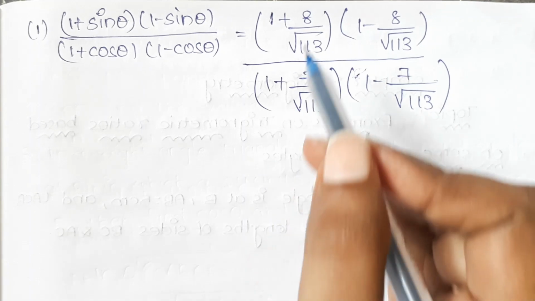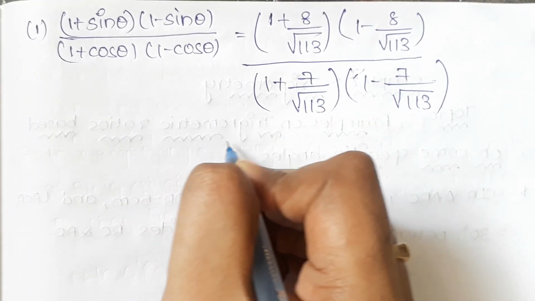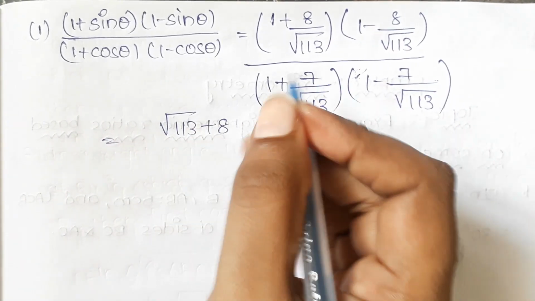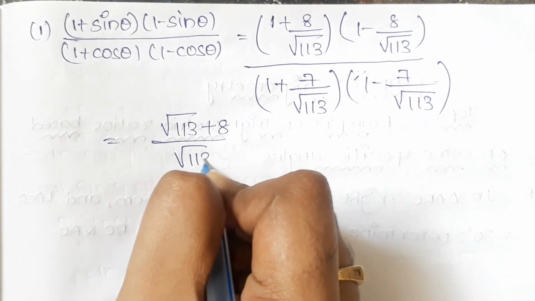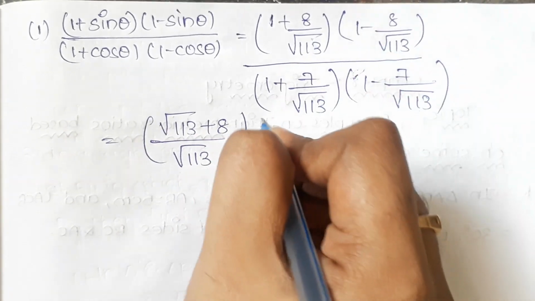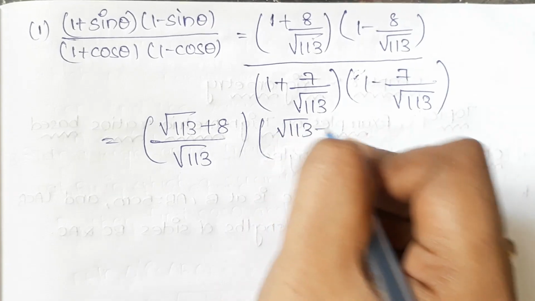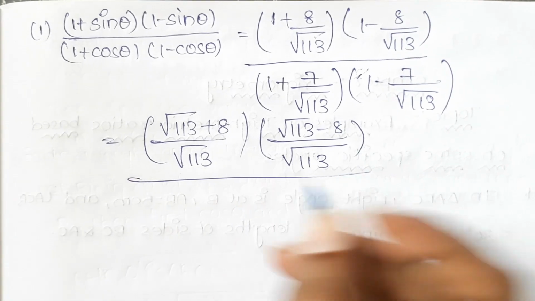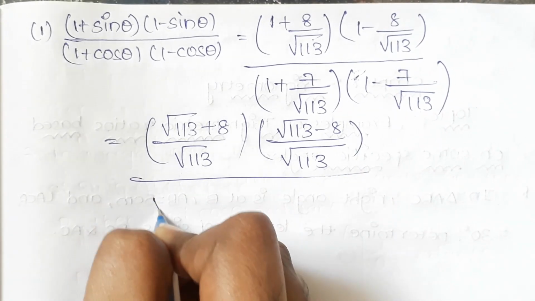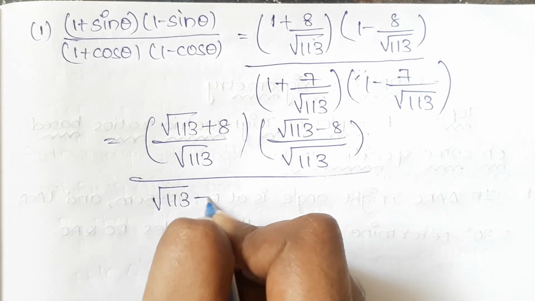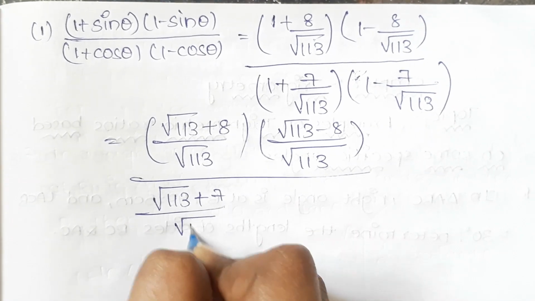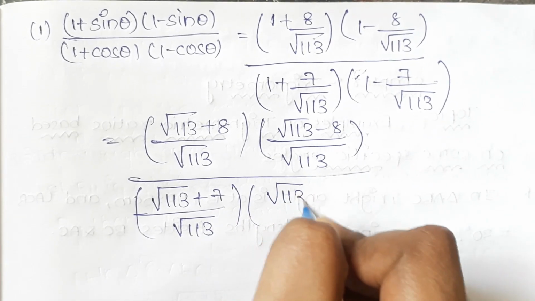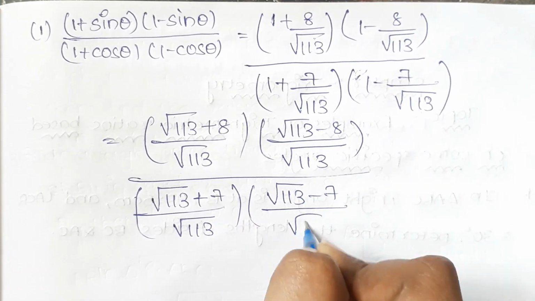From this, let us take the LCMs. We will get root 113 plus 8 by root 113, and similarly root 113 minus 8 by root 113, divided by root 113 plus 7 by root 113, and again root 113 minus 7 by root 113.